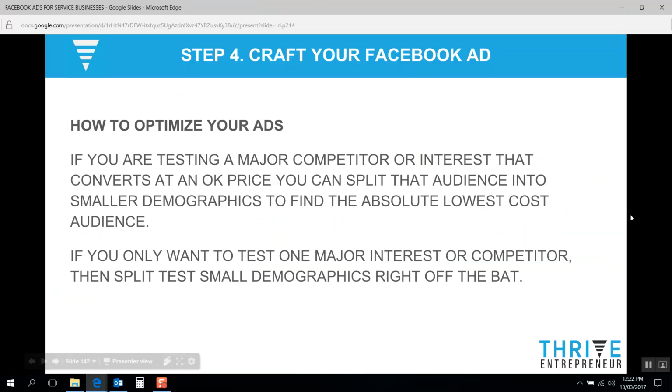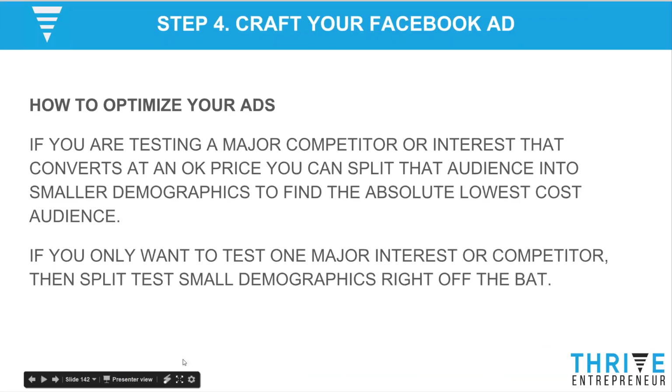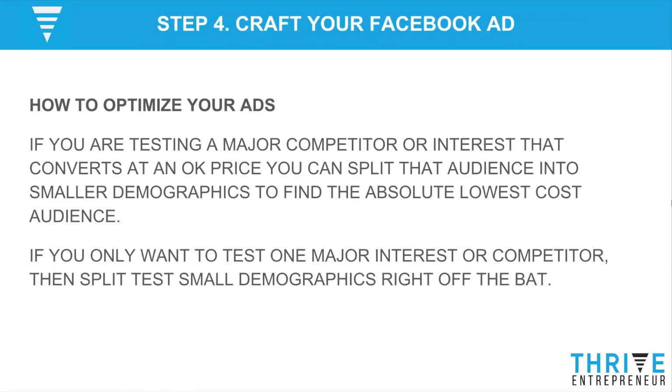You'll have ads that run just for Kayla Itsines, and ads that run just for Ashy Bines, and you'll see which demographic actually converts at the lowest possible price. So you can literally run one campaign for Kayla Itsines, one campaign for Ashy Bines, and see who's the lowest cost.